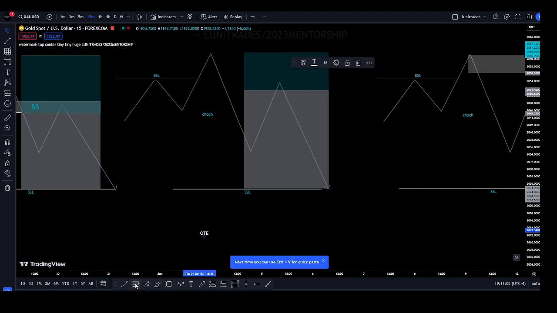It is using this tool, your fib. It's called the Fibonacci retracement tool. You take that Fibonacci retracement tool.